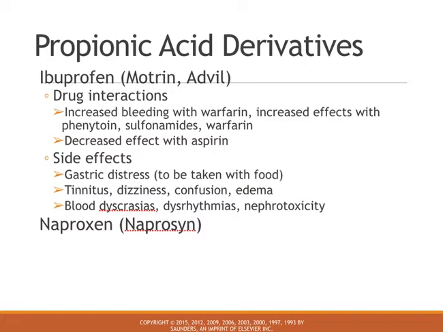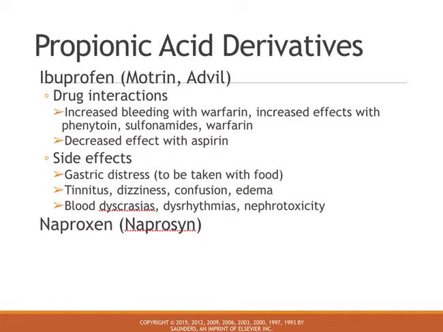There's also a prototype drug chart, 25-2, for ibuprofen. And so interactions: increased bleeding with warfarin, increased effects with phenytoin and sulfonamides, which are antibiotics. It has decreased effect with aspirin. So we don't take ibuprofen and aspirin together because they're both going to have lower effectiveness.